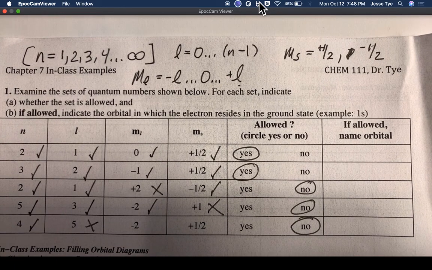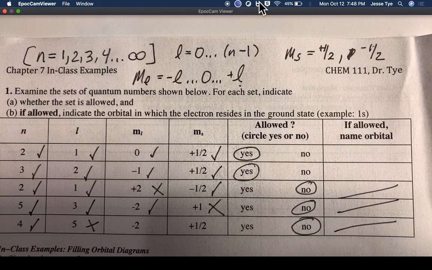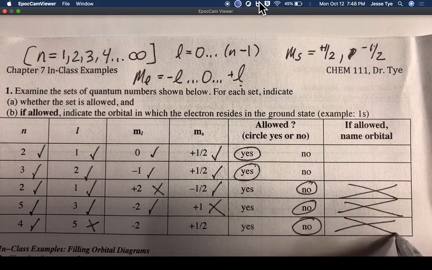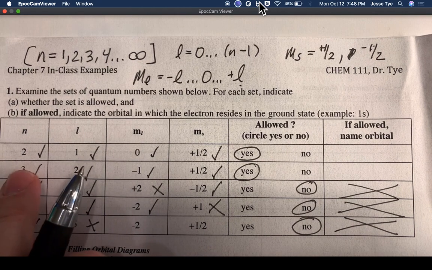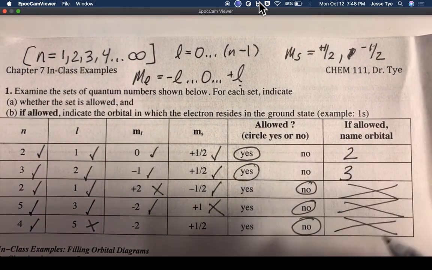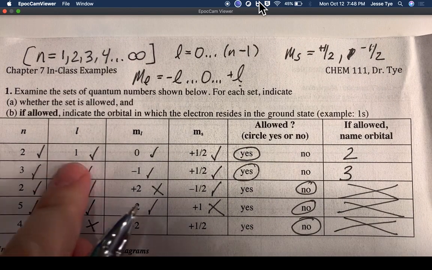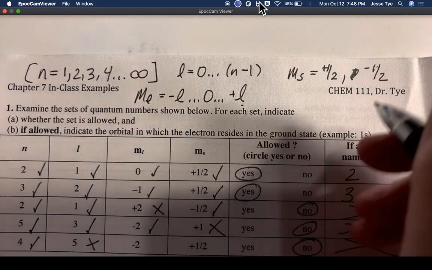All right, well, what about this name business? Well, for 3 of these, it doesn't make any difference because we don't name things that don't exist. But for the 2 that we found that are allowed states of these atoms, we should name them. The first part of the name is simply the n value, so 2 and 3. And then the second part gets used so often in chemistry that it gets a code.